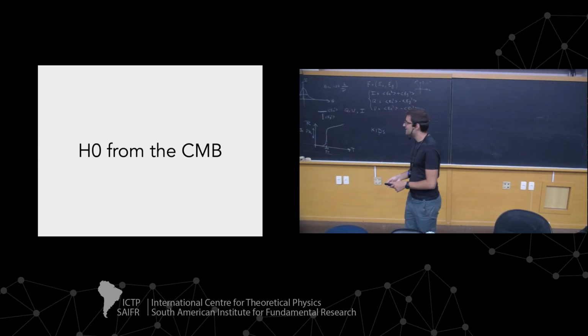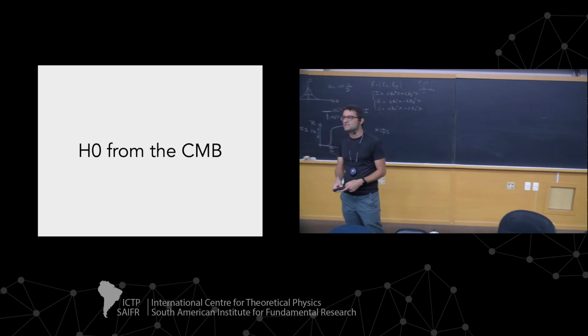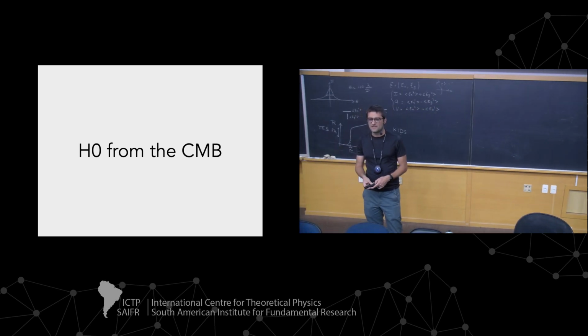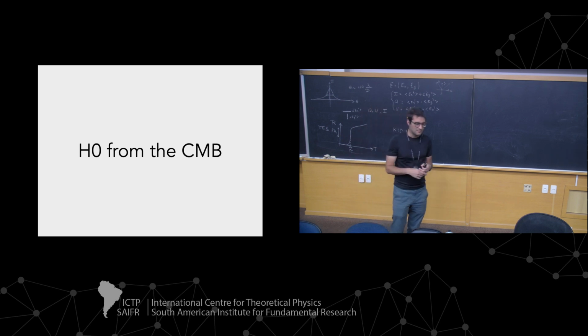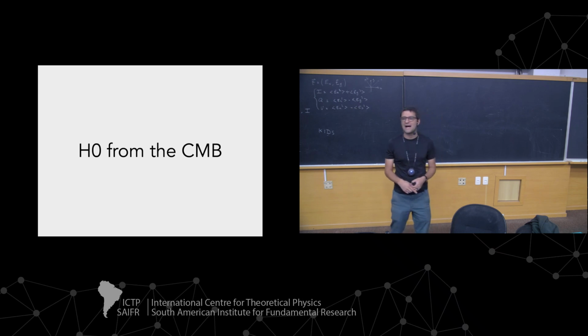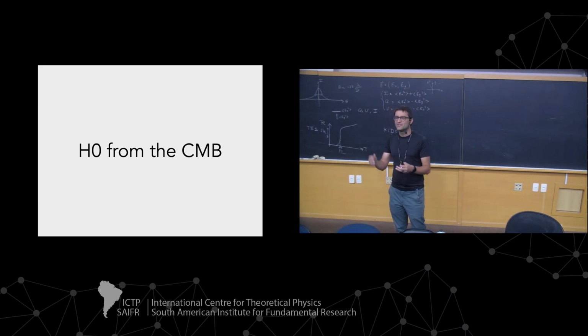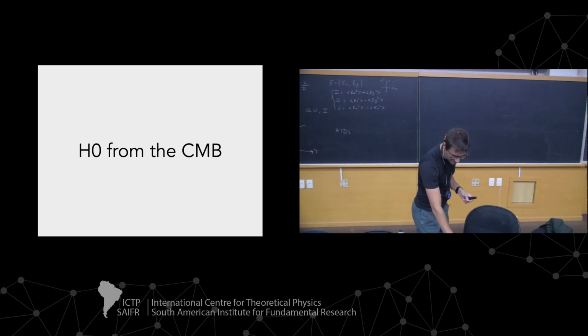The reason I decided to focus on this parameter is you surely have heard about this Hubble tension and the fact that measurements or predictions from the Hubble parameter based on the CMB appear to be in disagreement with local measurements from supernovae calibrated with Cepheids. And so I thought it could be useful if I told you how H0 is measured from the CMB so that you have a sense for what goes into those tensions and what you can or cannot trust.